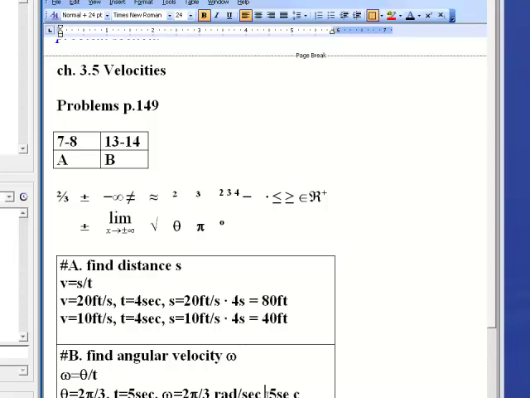Well, in this case it's divide by time. That's where I confused myself. The previous example was multiply speed times time. Here it's actually divide angle by time to come up with the speed. So it's divide by 5 seconds.